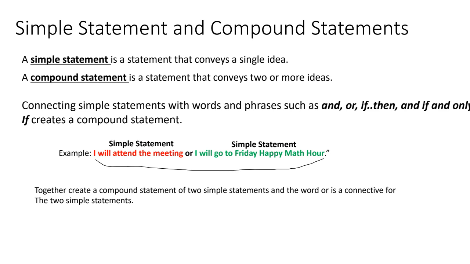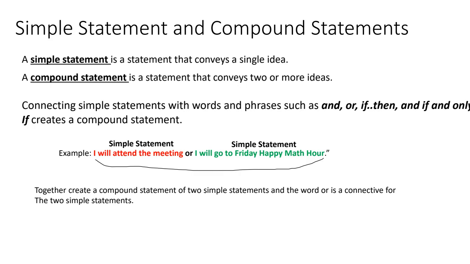And the way that you would have more is, for example, you could create compound statements using connectors such as and, or, if then, and if and only if. In fact, we're gonna spend a good amount of time studying these connectors. So for example, I have two simple statements.